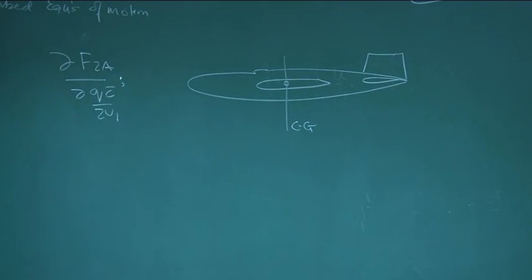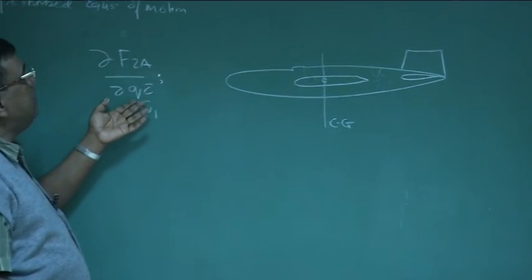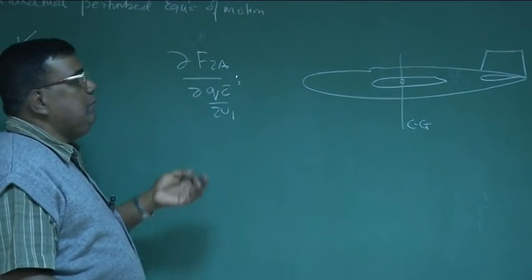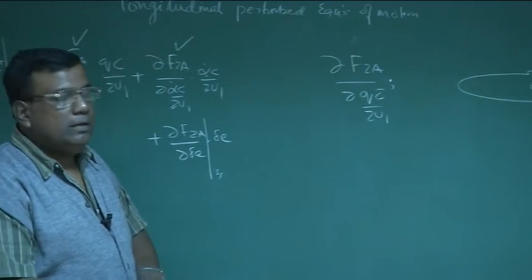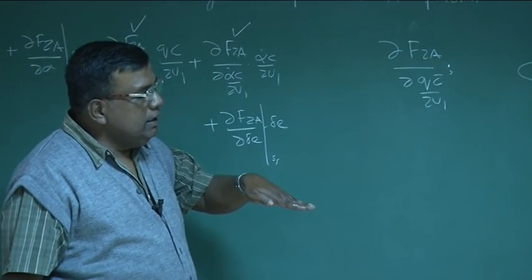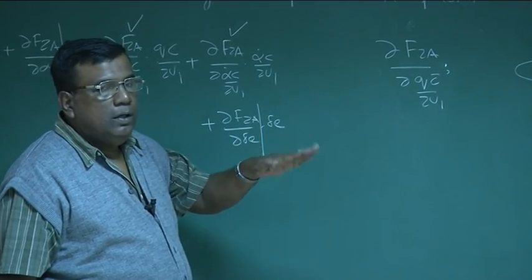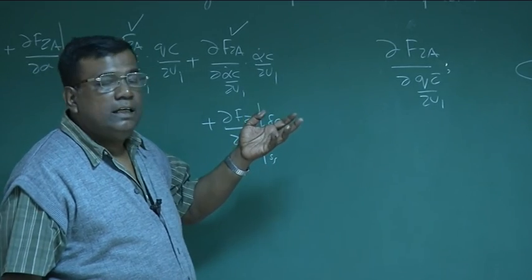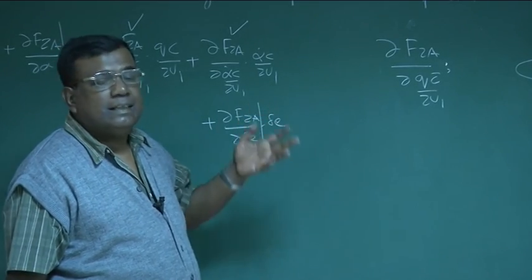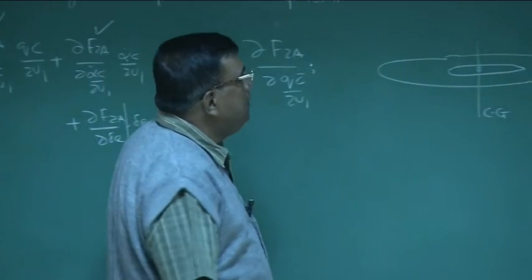What we are trying to find out is that gradient or partial derivative dFza by dQ, and of course Qc by 2U means we are non-dimensionalizing like this. The basic understanding is, if I give a positive Q, whether there will be a change in the force in the z direction for a small perturbation.